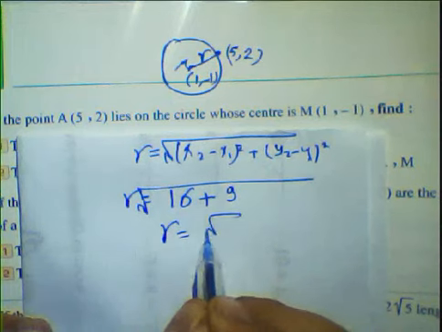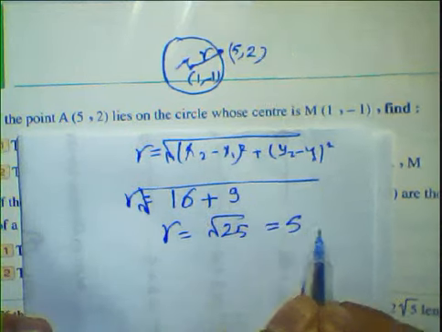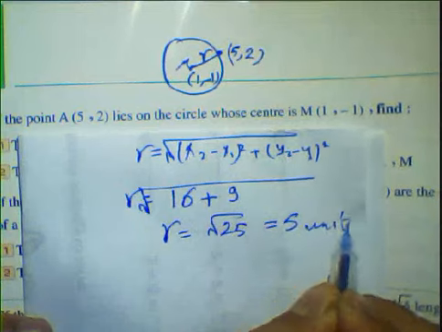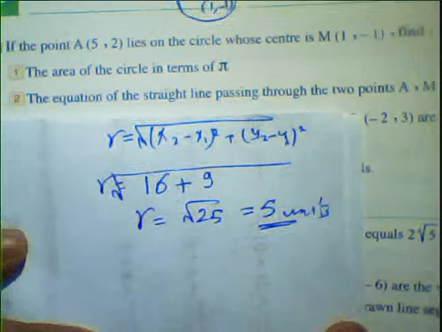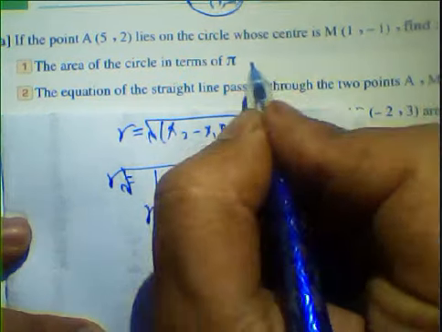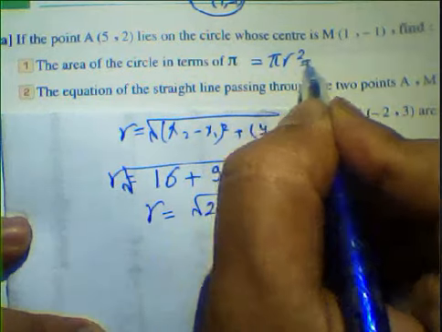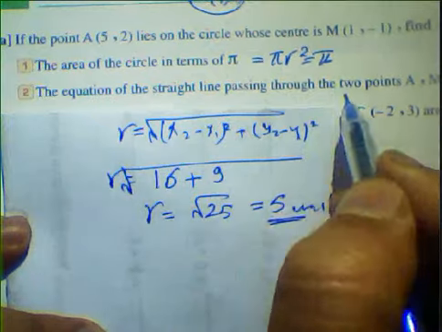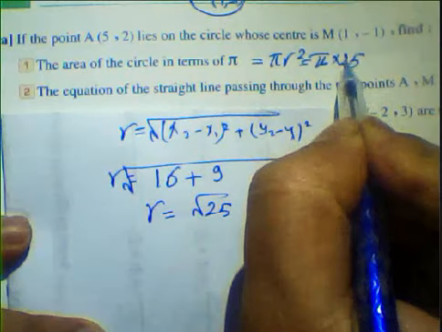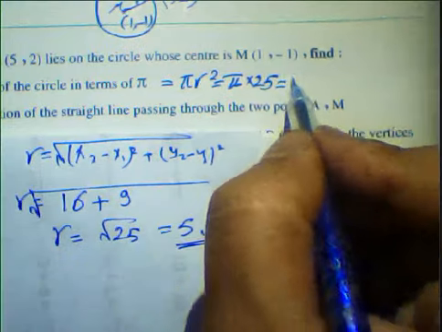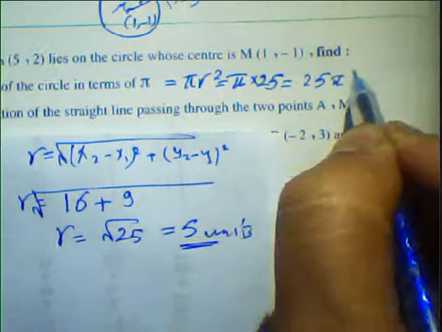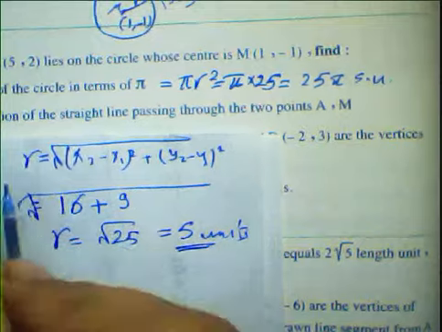Here, the square root of 25 equals 5 units. This is the radius for this example. So we can find the area, equal to pi r power 2, and the radius was 5, multiplied by 25. So the area will be 25 pi square units.